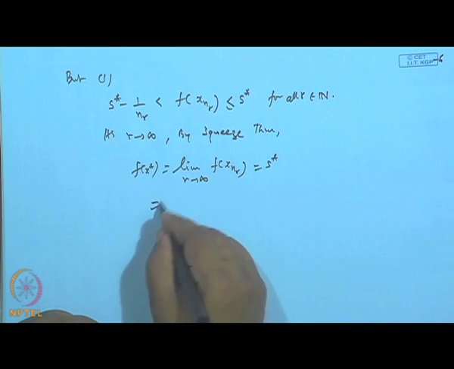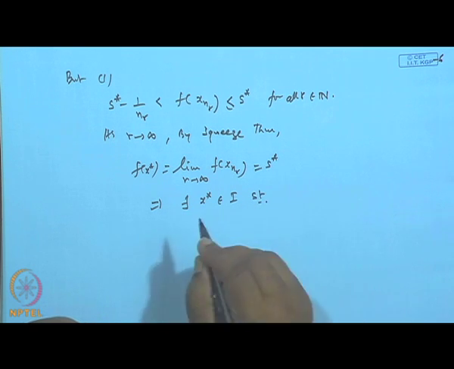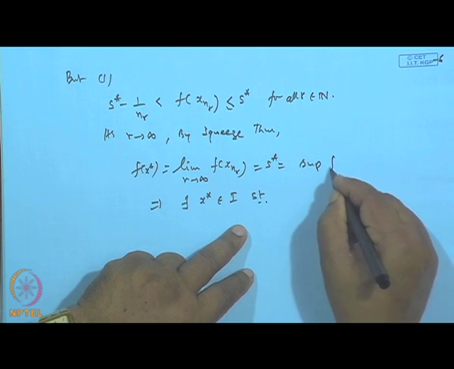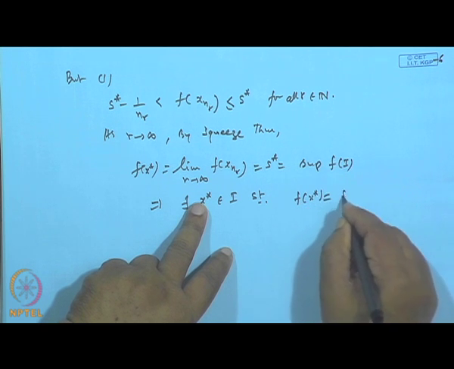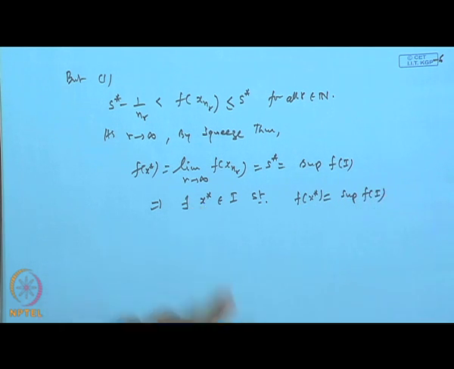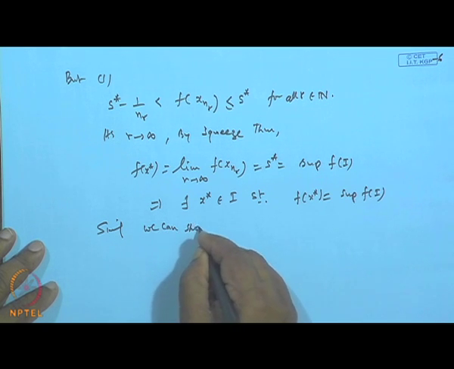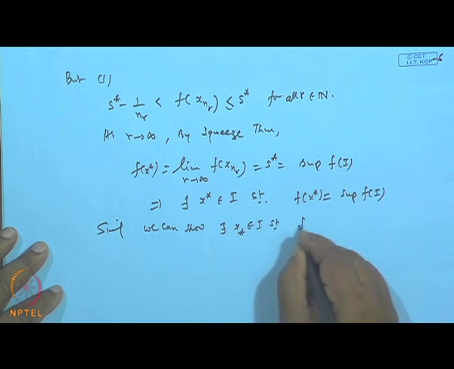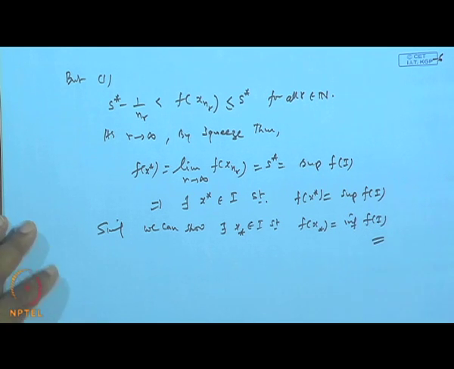So, this implies there exists an x star belonging to I such that f(x star) is the supremum of f(I), and that proves the existence of S. Similarly, we can show that there exists an x lower star in I such that f(x lower star) is the infimum of f(I), and this completes the proof.